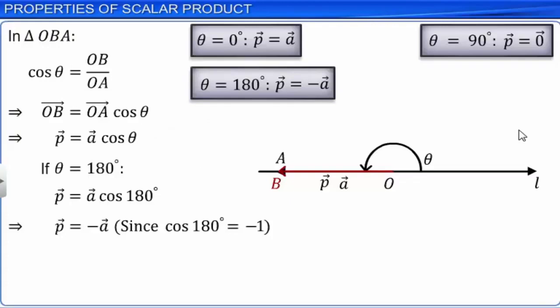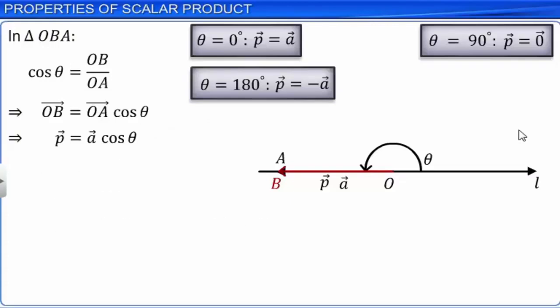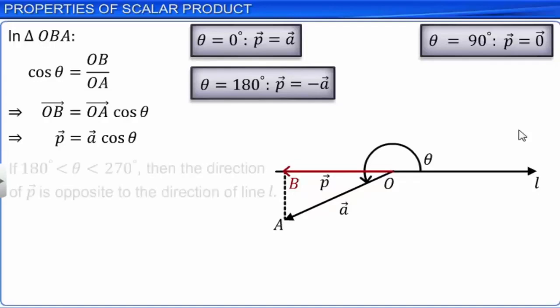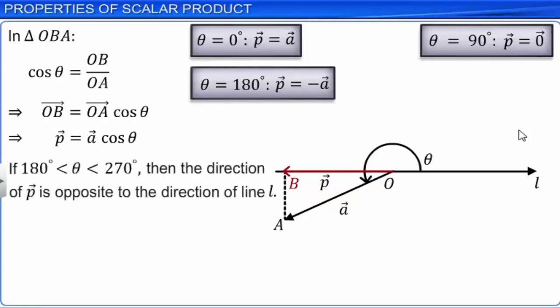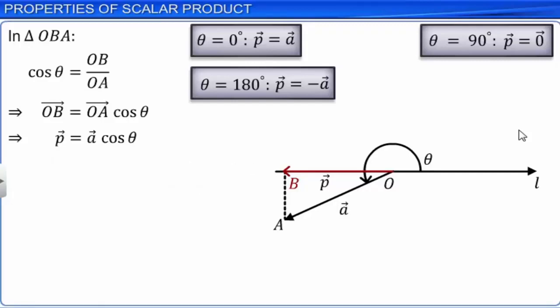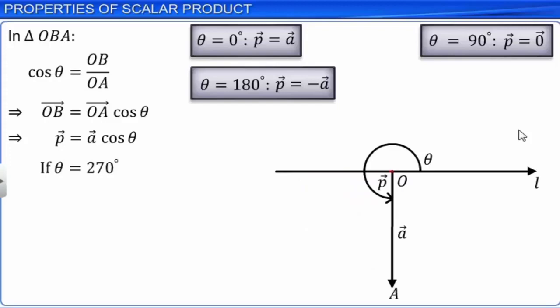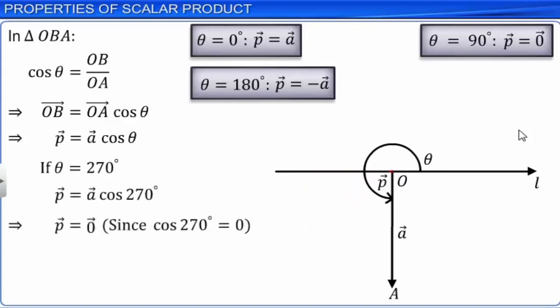When angle theta lies between 180 degrees and 270 degrees, the direction of projection vector P is opposite to the direction of line L. If theta is equal to 270 degrees, vector A becomes perpendicular to line L again, and its projection vector P becomes a 0 vector.